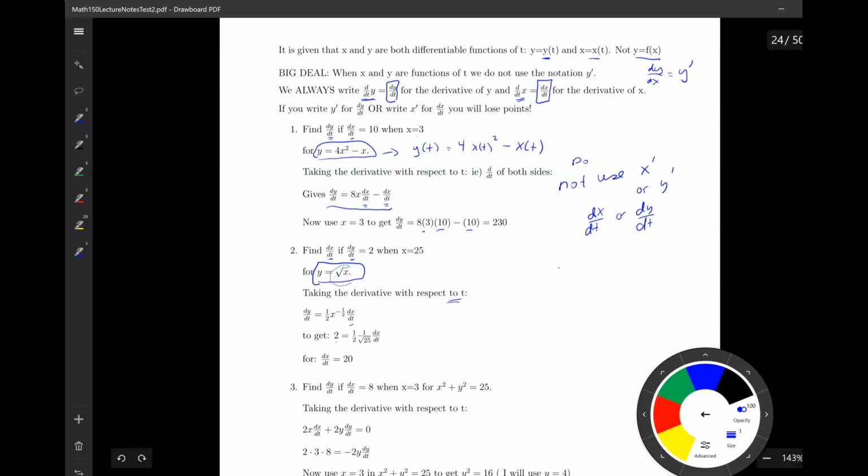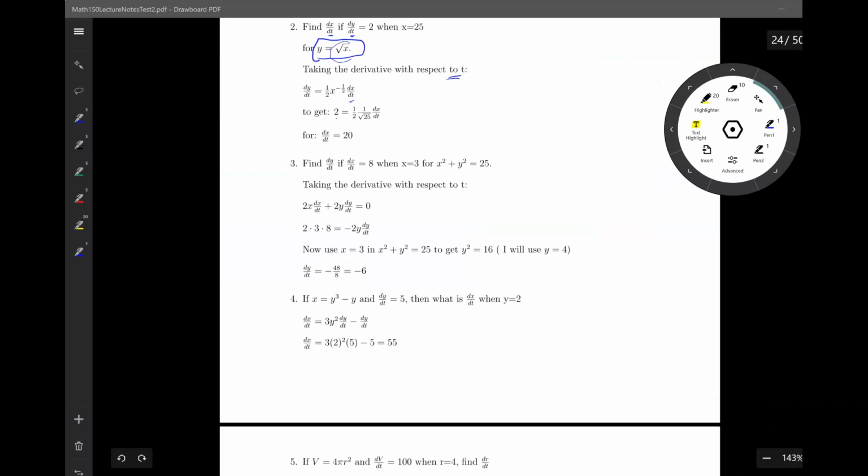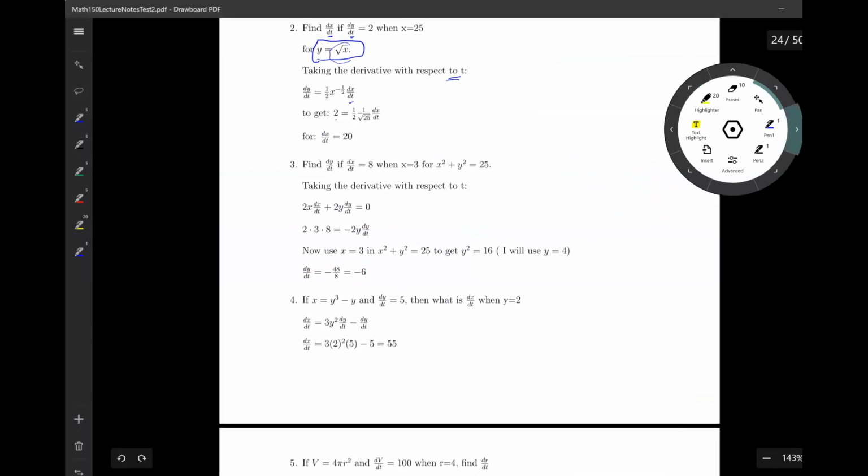Looking at the next one. So now I have x squared and y squared. So I'd be doing chain rule on both x and y. So you get 2x to the 1 power times dx over dt, plus 2y to the 1 power times dy over dt, and then the derivative of 25 is 0. So now, let's see, I plug in x equals 3, I plug in dx over dt is 8. Oh no, I have y here.